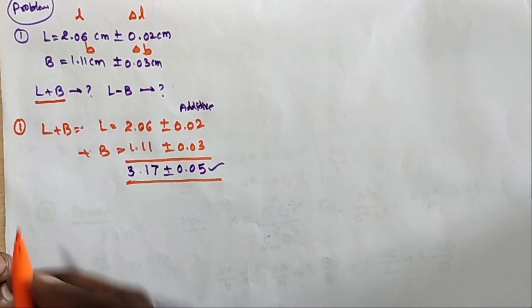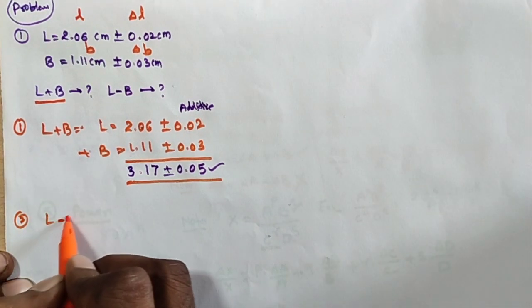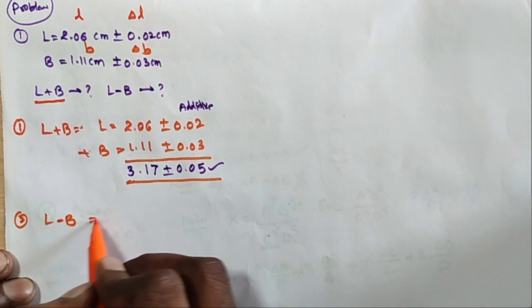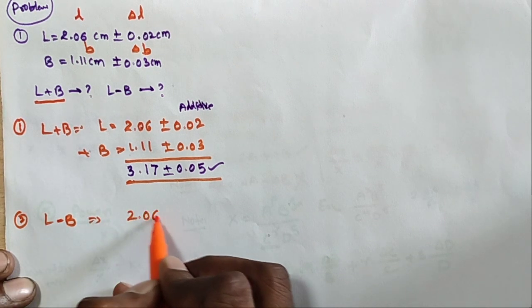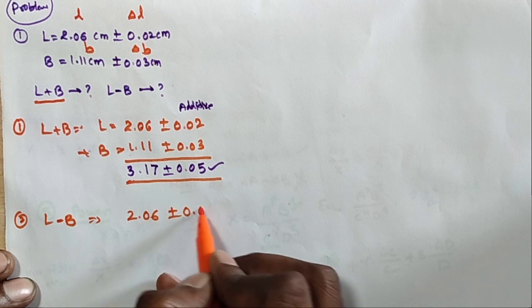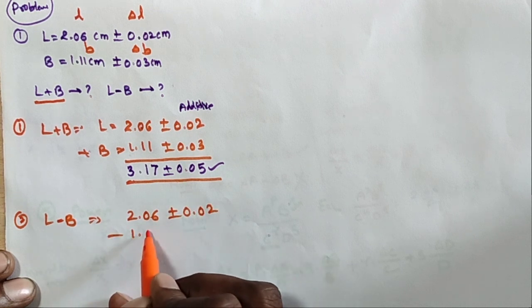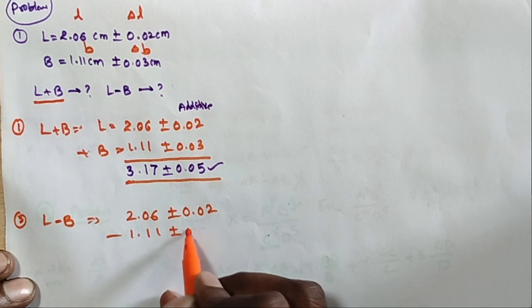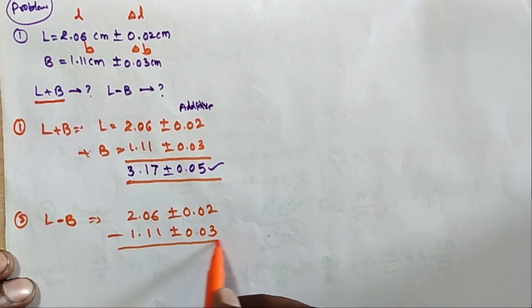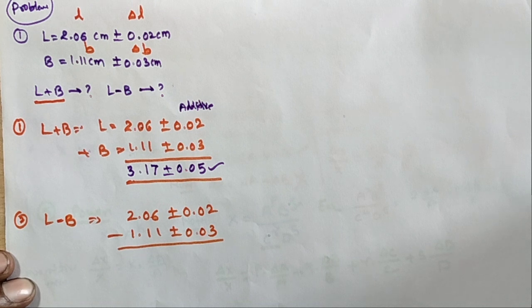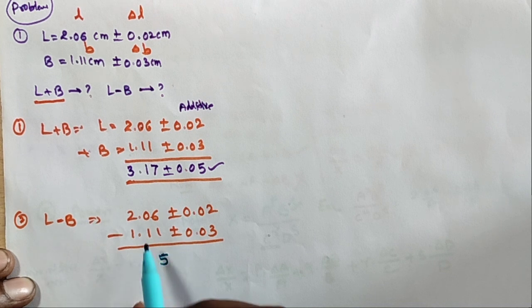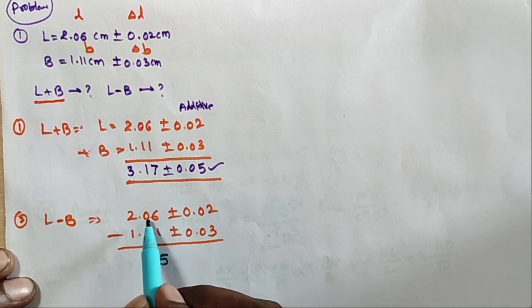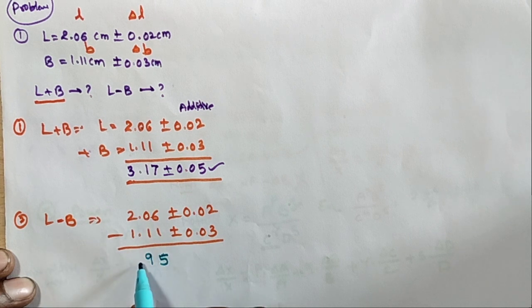And the second one, I can calculate the L minus B value. We know L is 2.06 plus or minus 0.02, minus 1.11 plus or minus 0.03. How do we get the value? It's very easy. 6 minus 1 is 5, and 10 minus 1 is 9, so 0.95.